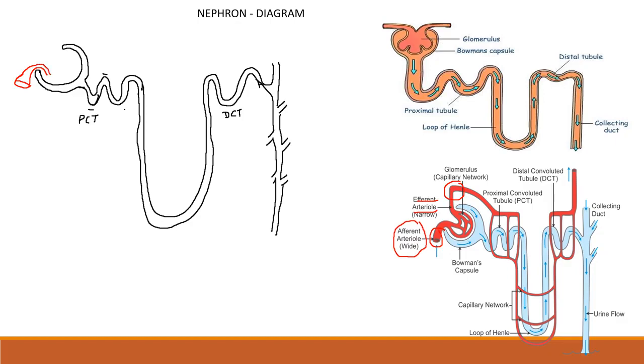So here you can just make a loop like this, okay? Make a loop like this, and you can continue like this, fine. Here also, you can make a few gaps, which will show that this efferent arteriole has entangled here, okay?